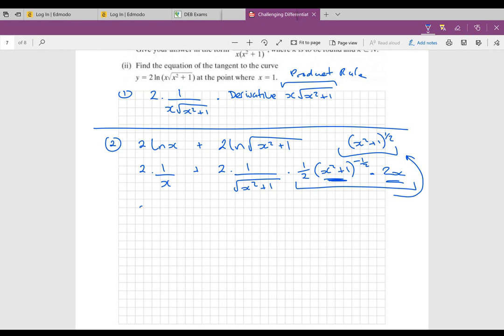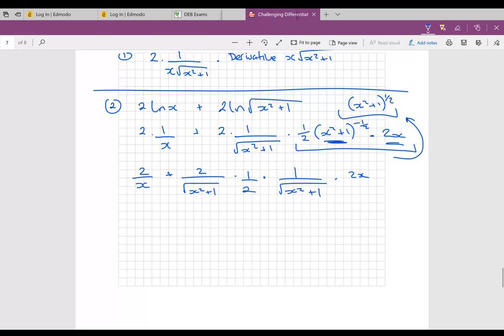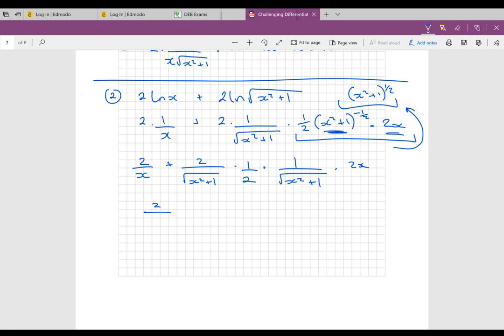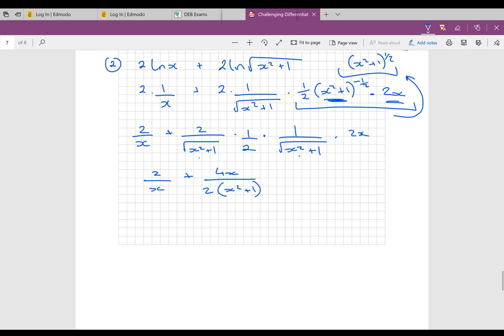Okay, that leaves me with 2 over x plus 2 over root x squared plus 1 times a half, 1 over the square root of x squared plus 1 times 2x. 2 over x plus 2 times 2 is 4x over 2, root x squared plus 1 times root x squared plus 1 is x squared plus 1.